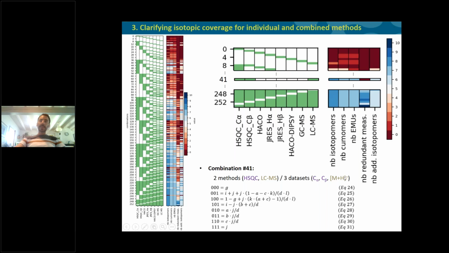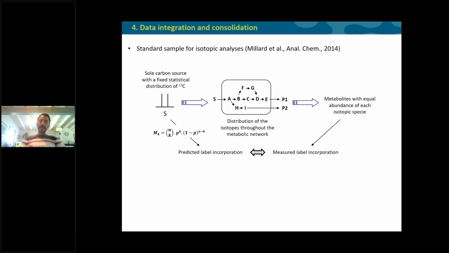And this gives us this kind of equation system for which we can quantify all the isotopic species. As a test case, we wanted to apply this approach on numerical values, not just on quantitative measurements. So for that, I will not go into the detail, but we generated a standard sample for isotopic analysis.